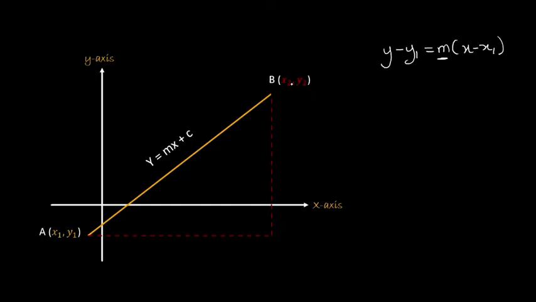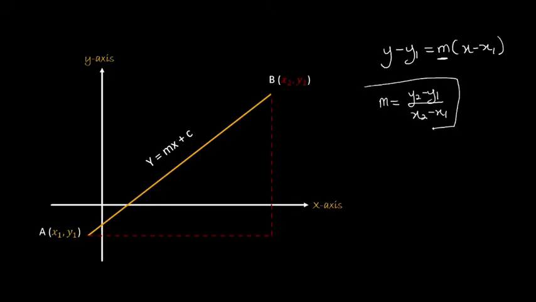So the first thing we do when we have a straight line having 2 points, to find its equation, the first thing we need to do is to calculate the gradient of the line, which can be found by subtracting y2 minus y1 over x2 minus x1.